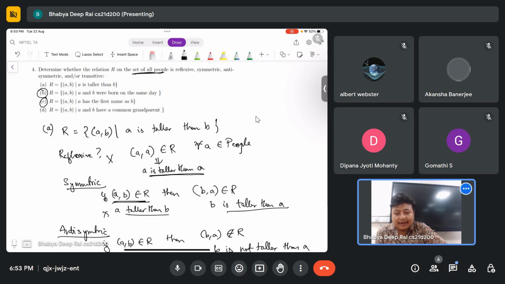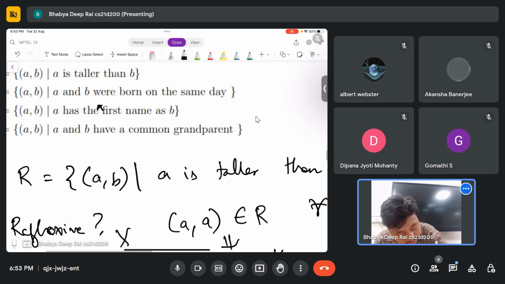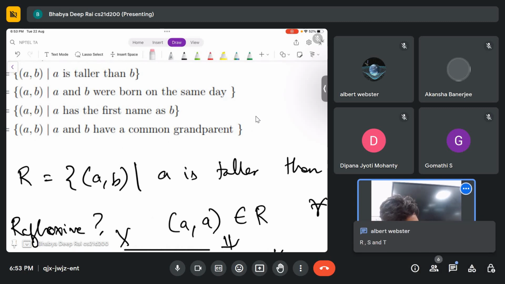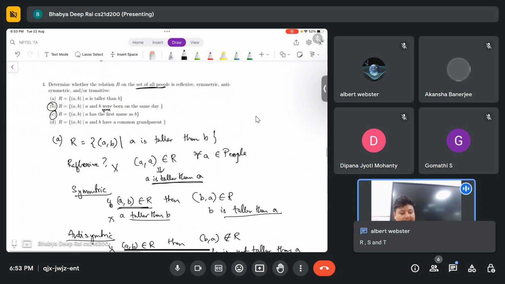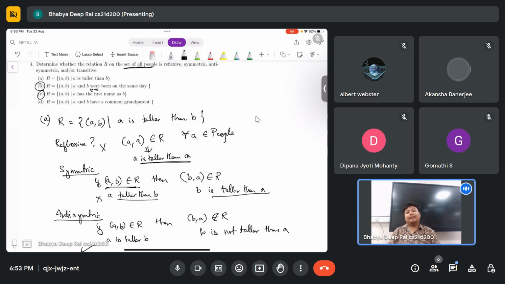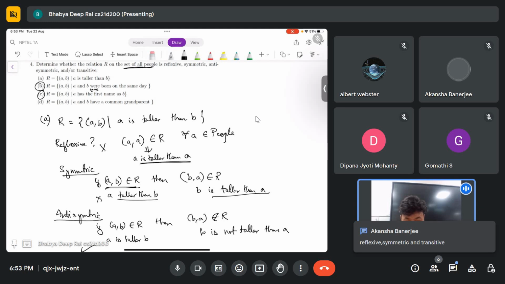C says R equals (A, B) where A has the same first name as B. Akanksha says reflexive, symmetric, transitive.